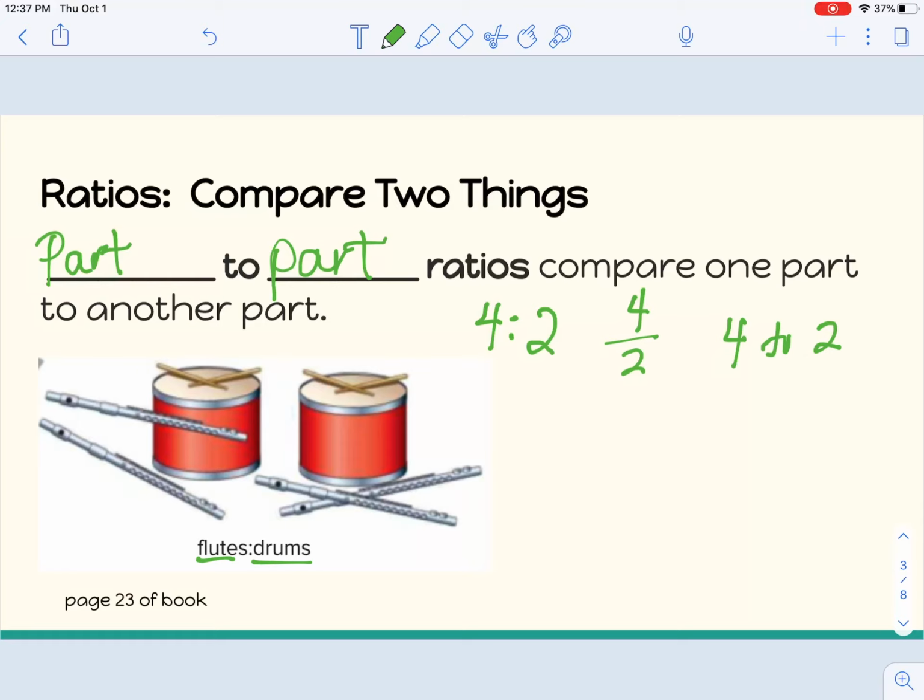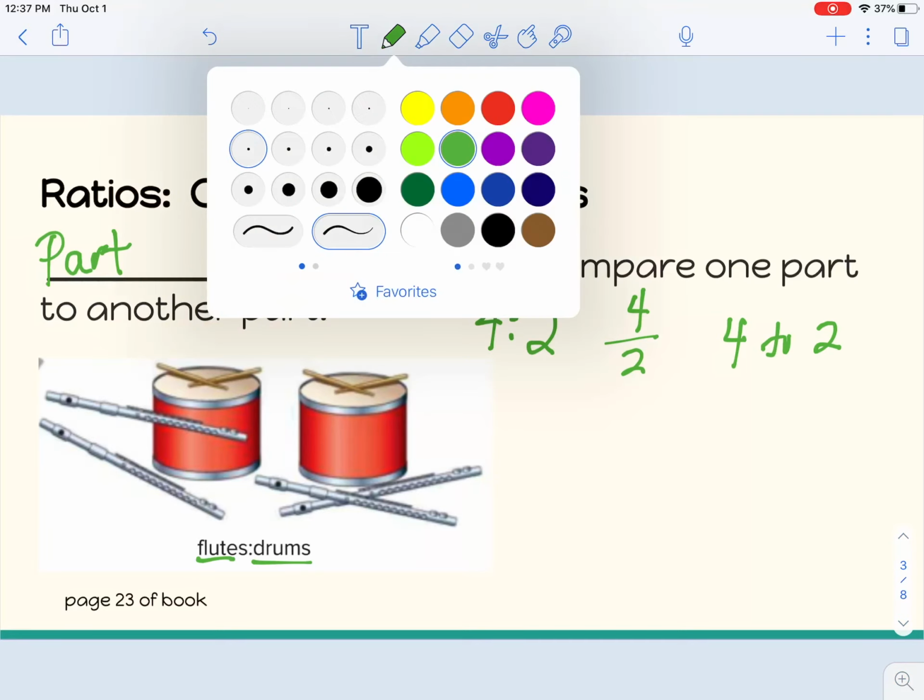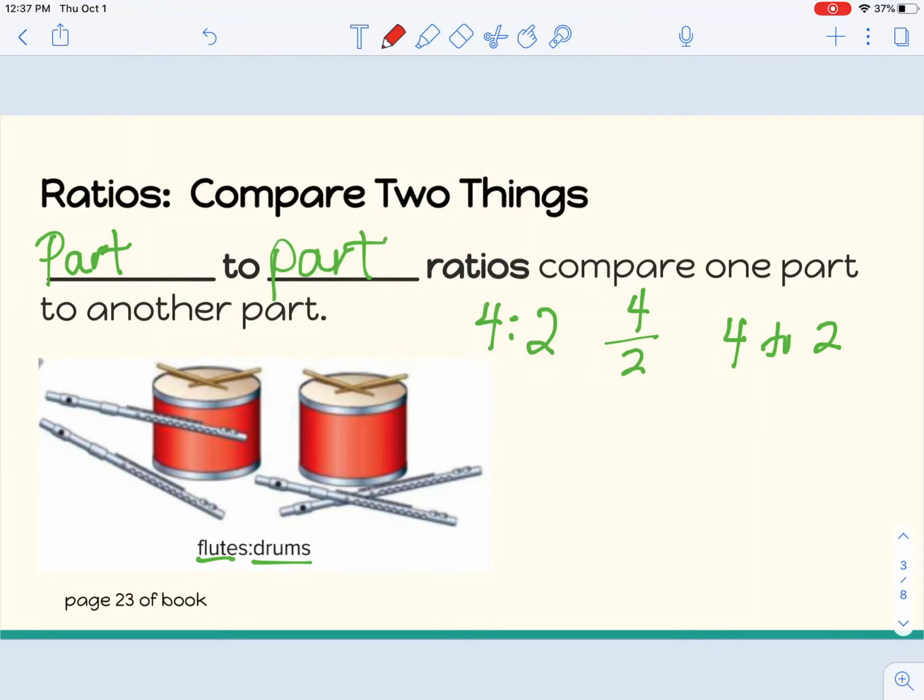While that ratio looks great, you need to simplify it to truly show your mastery of ratios. So when you simplify, you are finding a common factor, the greatest common factor preferably, that you can divide from both sides of the ratio. So the ratio is 4 to 2.